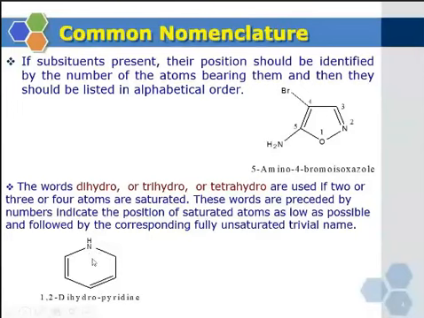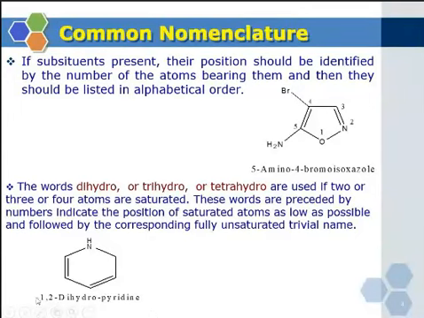So, 2 hydrogens are attached. One hydrogen atom is attached to position number 1, that is the nitrogen atom, and the second hydrogen is attached to the carbon atom. Hence, the name of this heterocyclic ring will be 1,2-dihydropyridine.